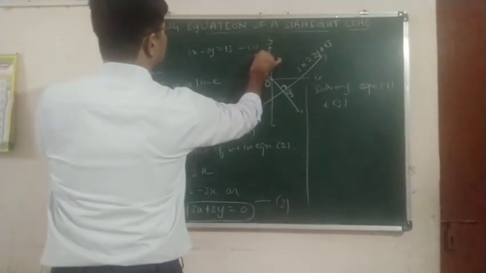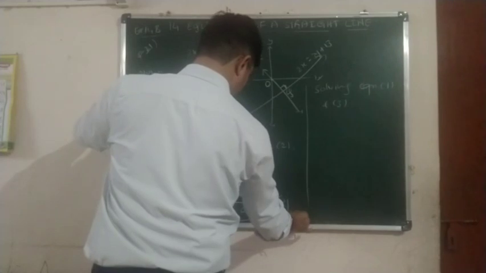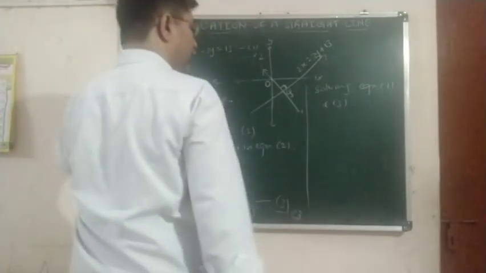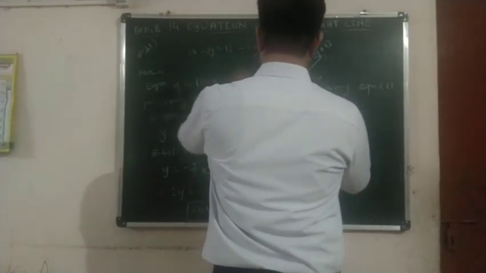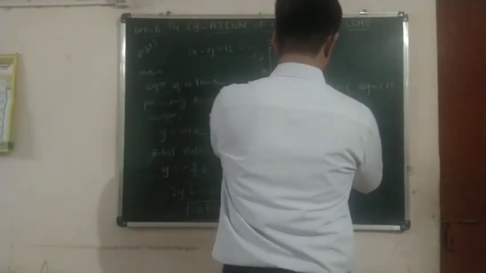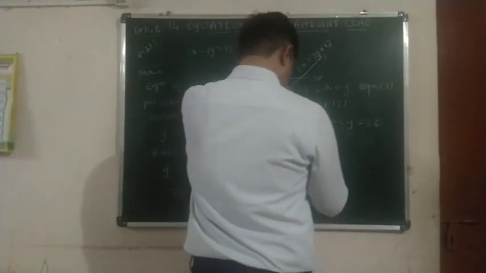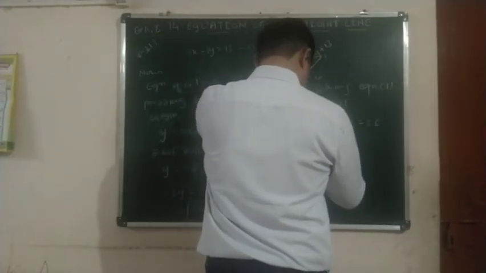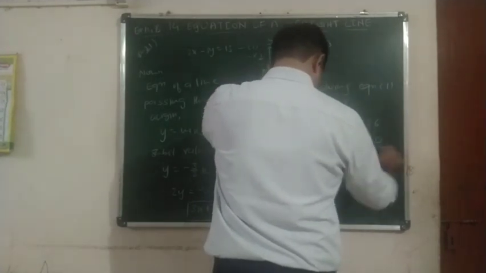We will multiply equation 1 by 2 and equation 3 by 3. Solving 1 and 3, multiplying by 2, 2 2s are 4x minus 3 2s are 6y is equal to 26. 3 3s are 9x plus 6y is equal to 0.